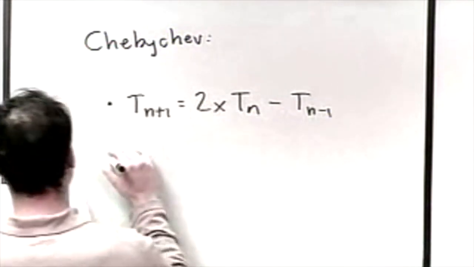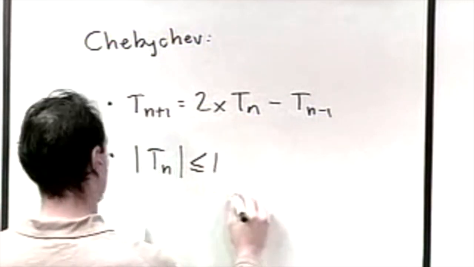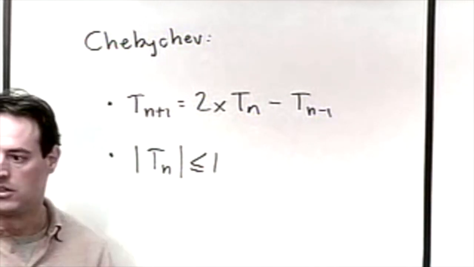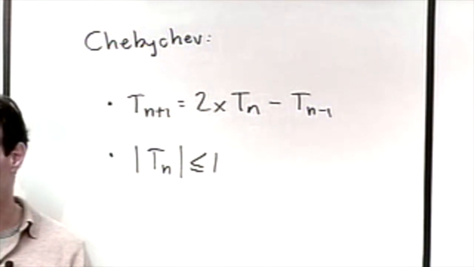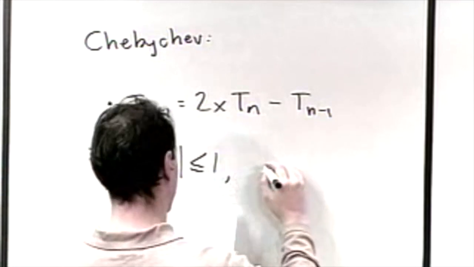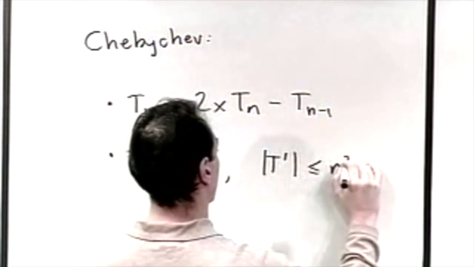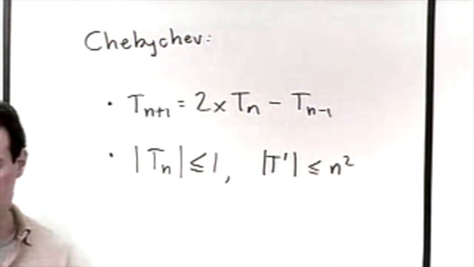Two. The polynomial is bounded between 1 and -1. And you can calculate that its derivative is less than n squared.